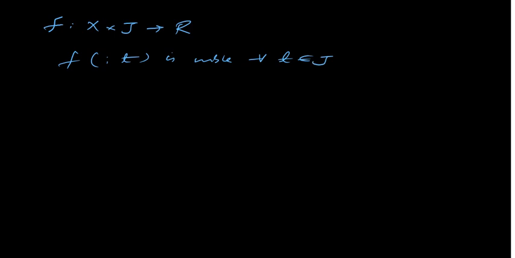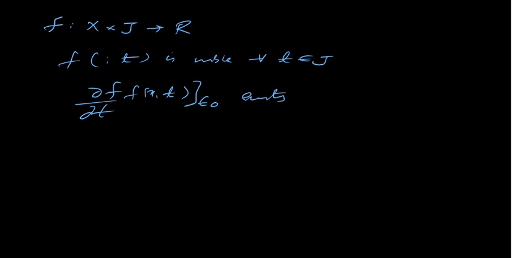In fact, we have seen that if we have a given measure space X and a function f from X cross J to R, where J is an interval, a subset of R, and this function is measurable for all t belongs to J, and the partial derivative of this with respect to t at the point t naught exists.